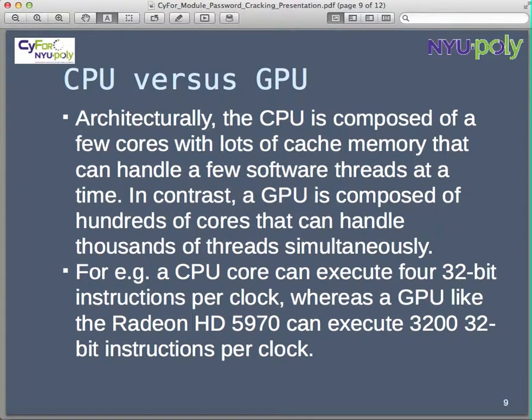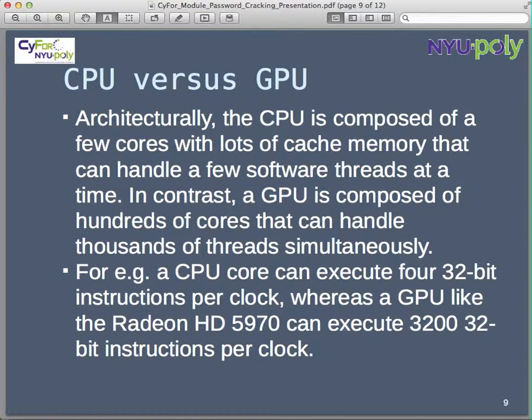So the comparison between CPU and GPU really is that architecturally a processing unit, the CPU, is composed of a limited number of cores with lots of cache memory, but they cannot handle a large number of threads. On the other hand, a graphical processing unit is by design made to perform a large number of intense computations.